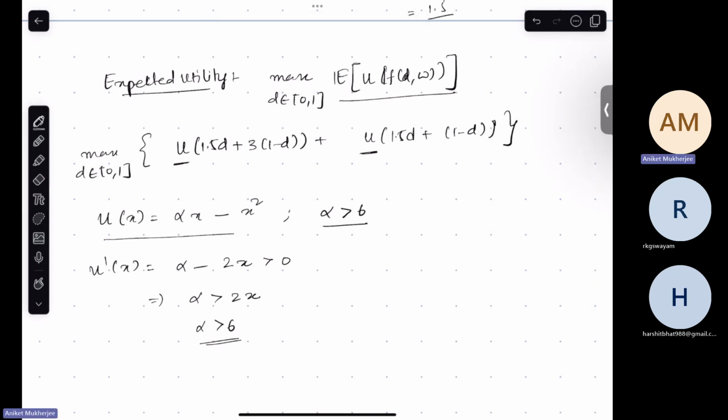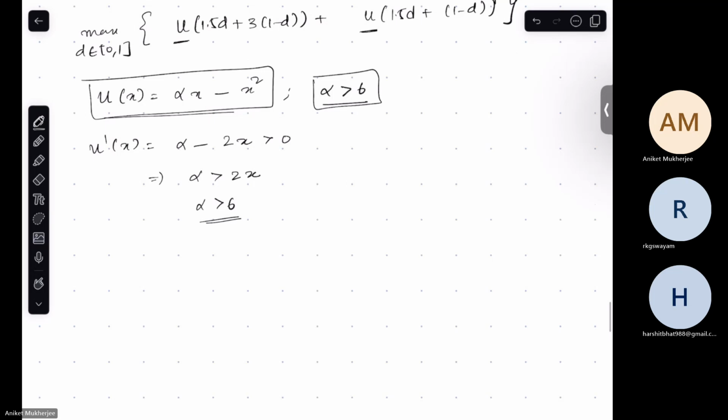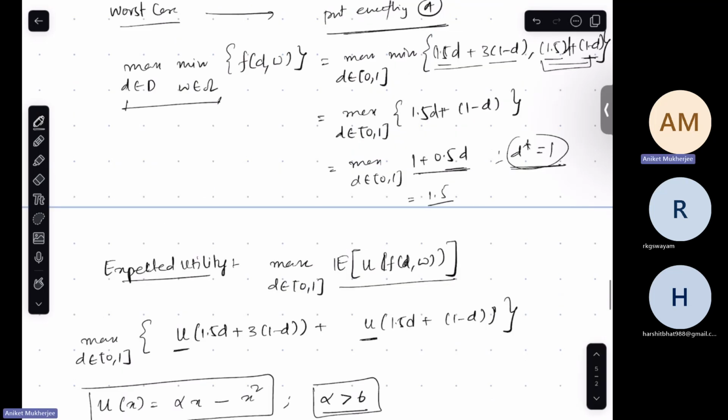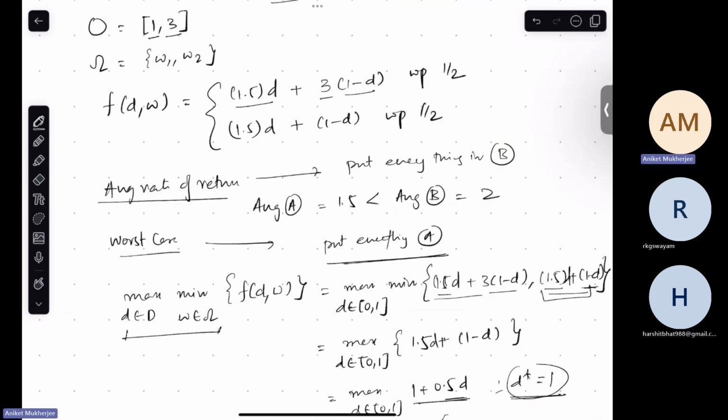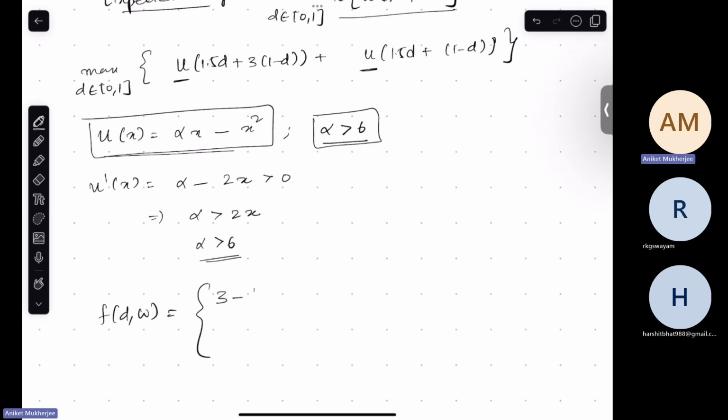So my utility function is alpha x minus x square, where alpha is greater than 6. I'll write down F(D, omega) again, but now instead of writing the whole thing with different D's, I'll write it in a single expression: 3 minus 1.5D with probability half, and 1 plus 0.5D with probability half.